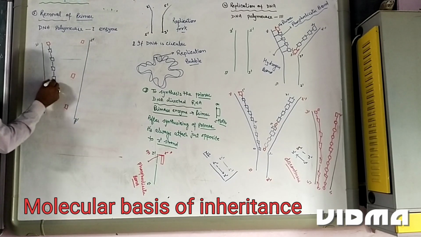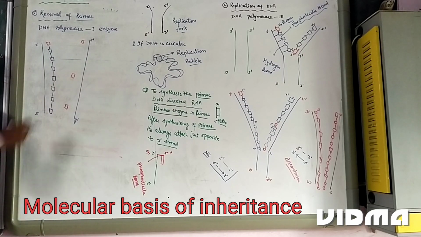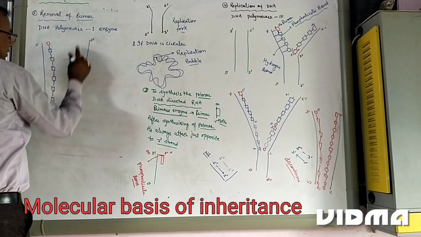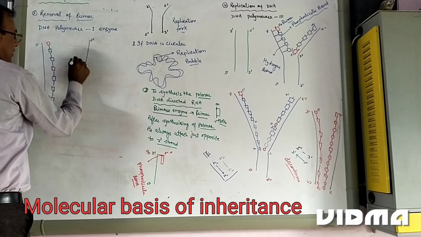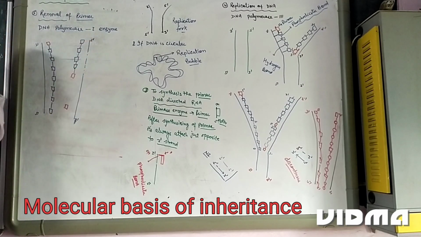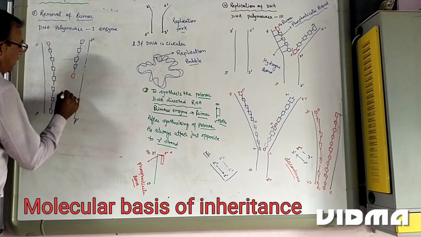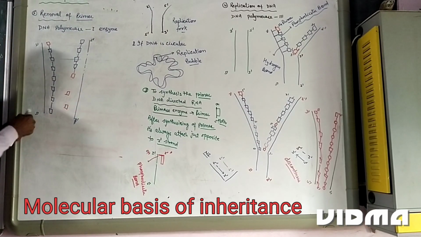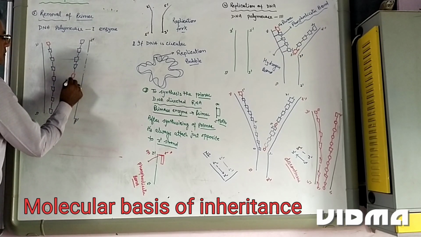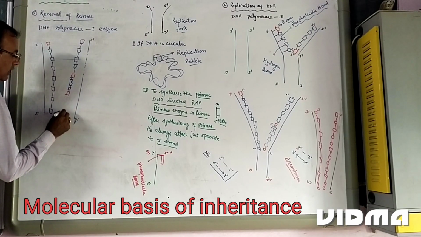Until the terminal end, nucleotides will be continuously synthesized. But in the first session, we saw that the nucleotide will be synthesized along this line. It is the terminal end. One more primer is required as we open the double helix structure. And here one more primer is required.